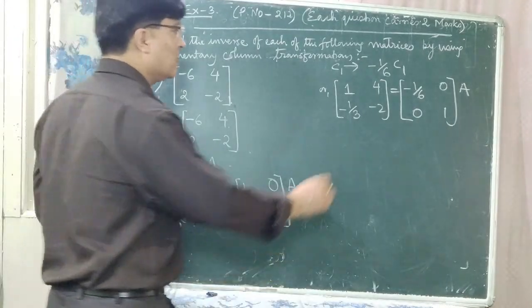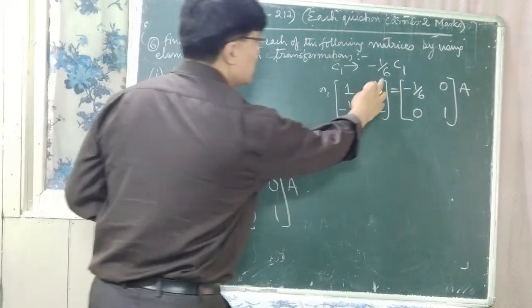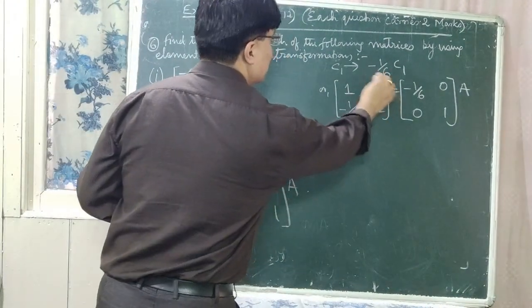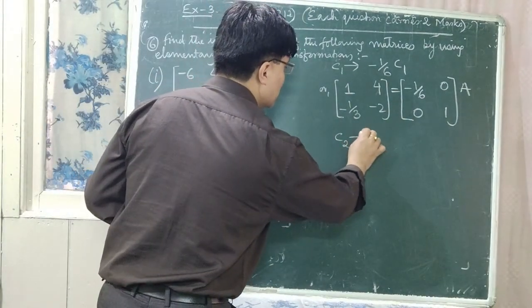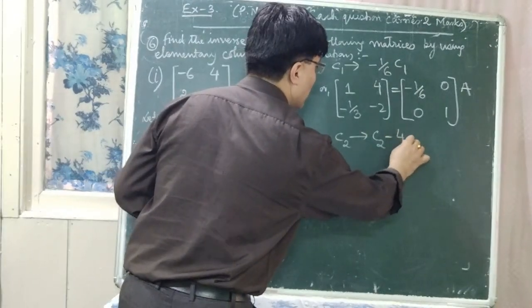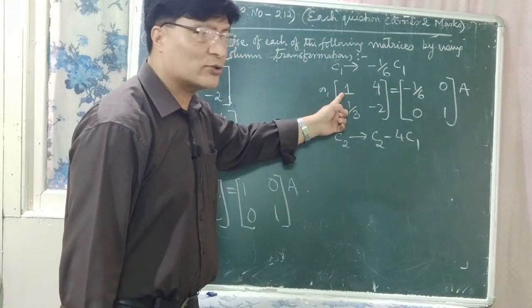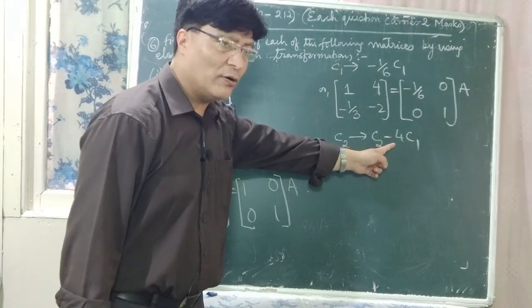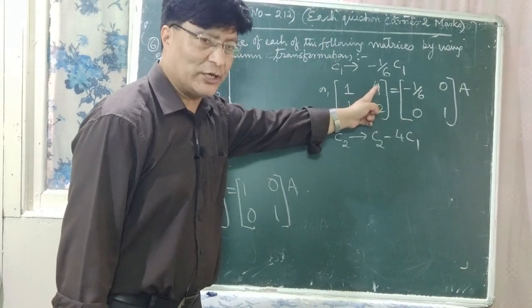Now you have to make this 4 into 0. How can you make this 4 into 0? By writing C2 arrow C2 minus 4C1. That means column 1 should be multiplied by 4 and subtracted from column 2 to make it 0.